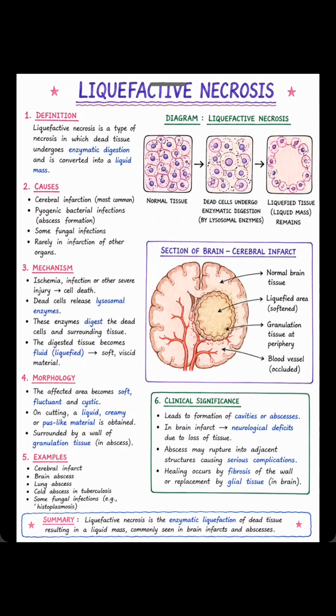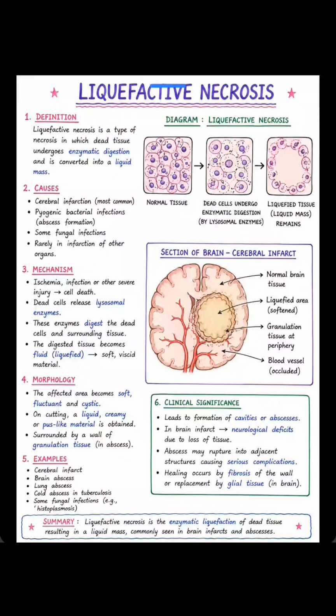When we come to the clinical significance, this leads to the formation of permanent cavities or abscess. In brain infarct, neurological defects occur due to loss of tissue, and an abscess may rupture into adjacent structures causing serious complications. Healing occurs by fibrosis of the wall or replacement by glial tissue in the brain.